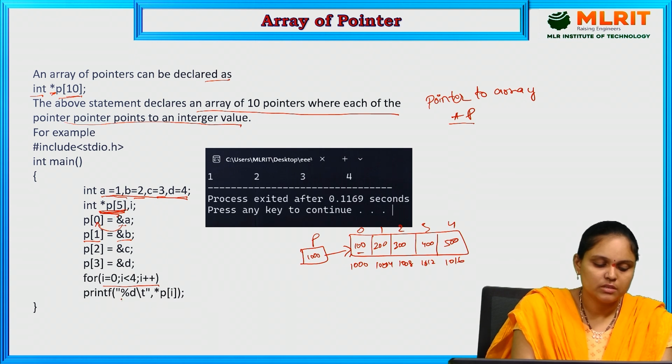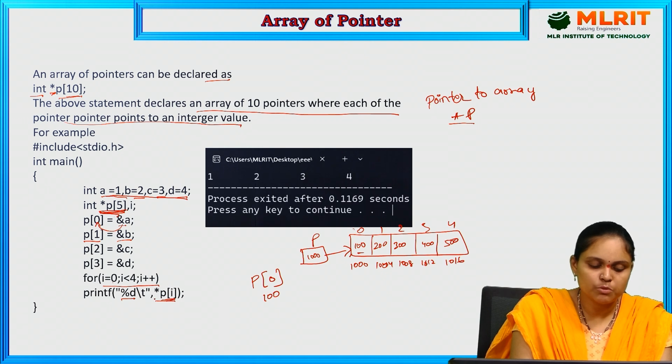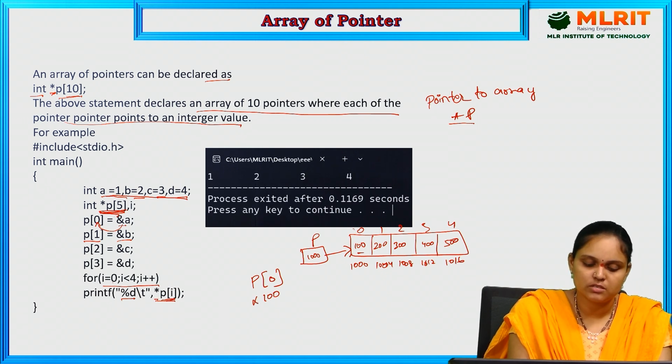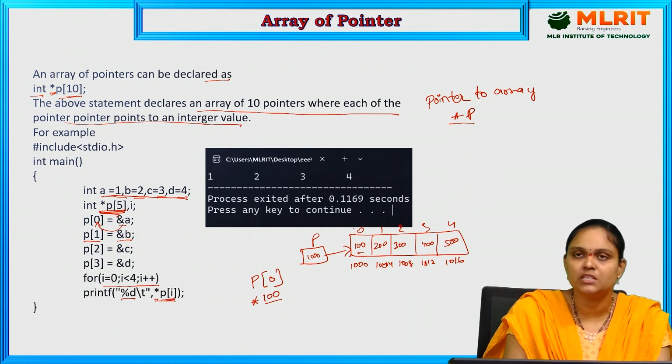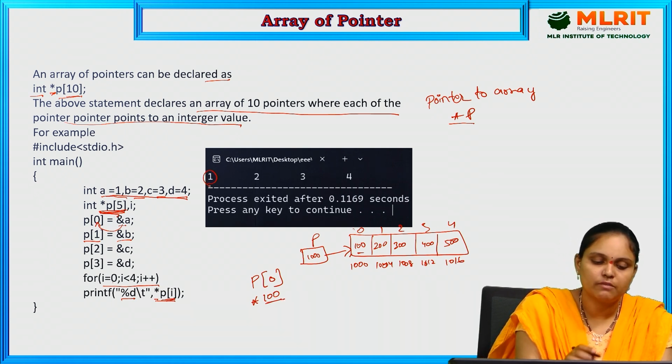So now see percent d, what value should be reflected here? Star P of I. Here I is 0, so P of 0 is this 100. The value of P of 0 is 100. Before this P of I we have a star, which will give the value that is present in the 100 location. In the 100 location the value present is 1.